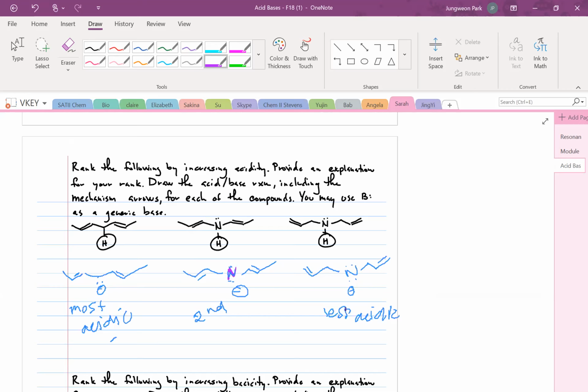Because I think these two are more stable than this. This is going to be the least acidic, in my opinion.